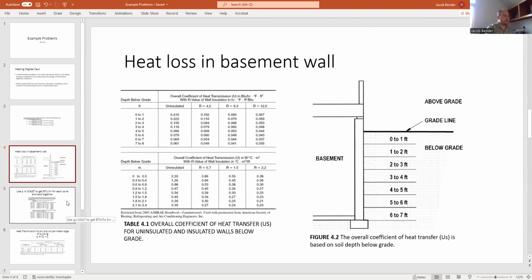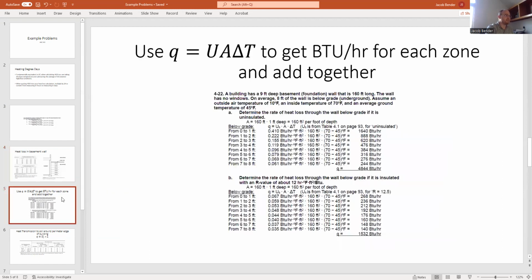So 160 feet of width times 1 foot gives you 160 square feet of area. You grab your U value for each of those different grade levels from that column, and you multiply your U times your constant 160 square feet. Then your temperature differential is your inside temperature minus your ground temperature.